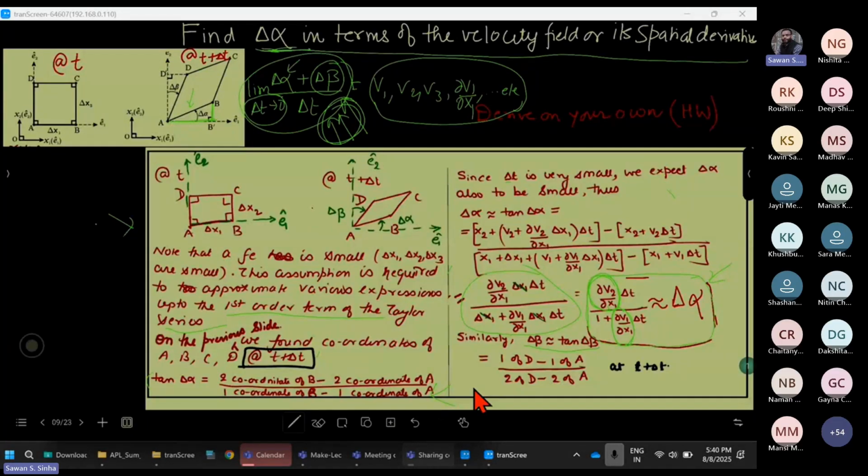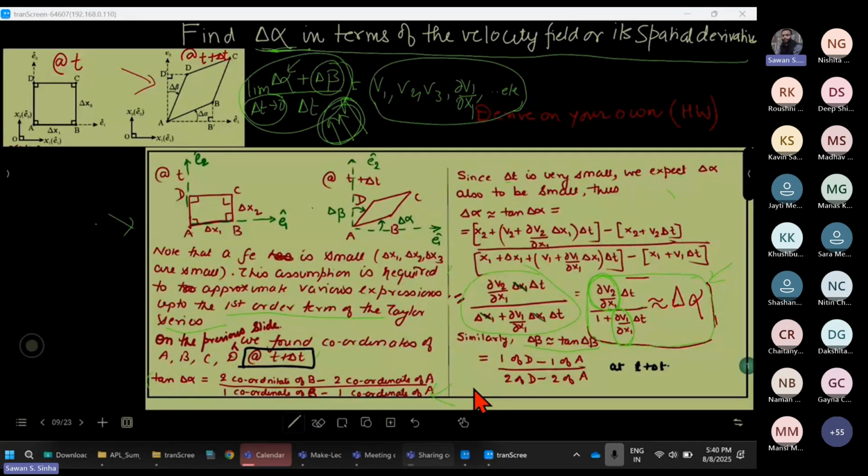Tan of delta beta. So let's come back here in this figure. I am dropping a perpendicular. Well, that is not important here. That we will use later.